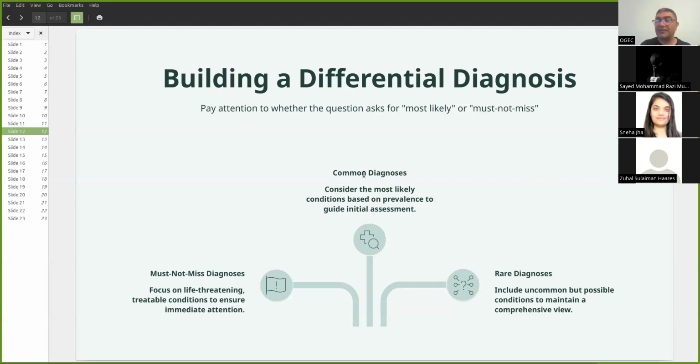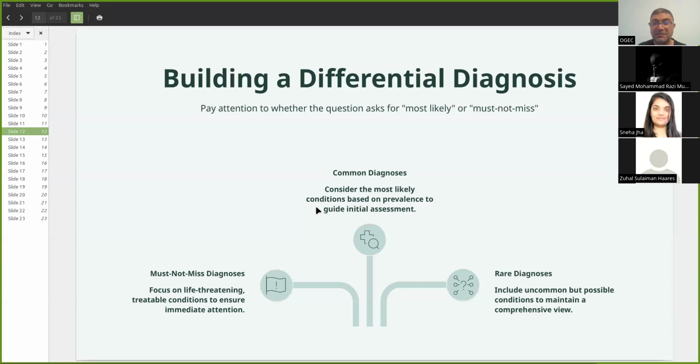Then we think about the common diagnoses, because most of the questions ask about common diagnoses. In the differential diagnosis, the most common ones should come first in our mind, based on the history and the investigations.